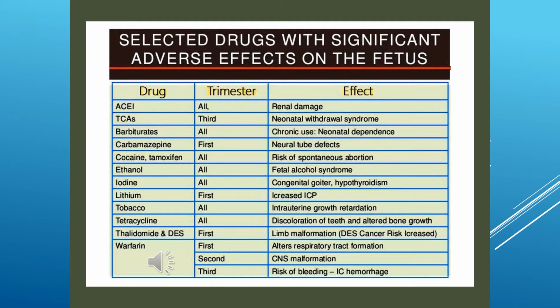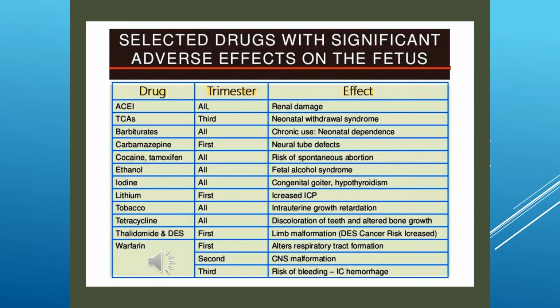This slide presents by no means an exhaustive list of drugs and things that we know will cause problems to the fetus as it's developing. So ACE inhibitors, we know that during all trimesters it's going to potentially affect the renal development of the neonate.